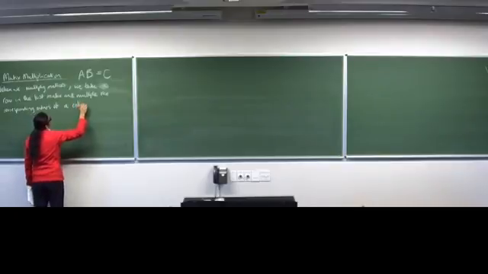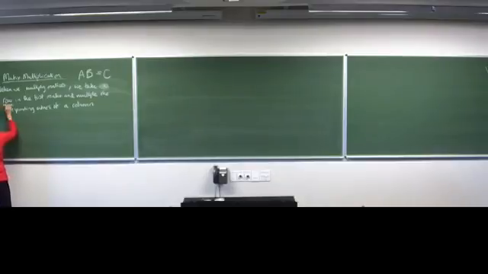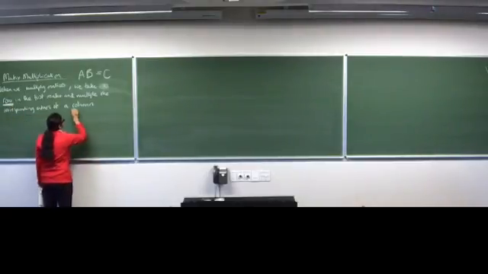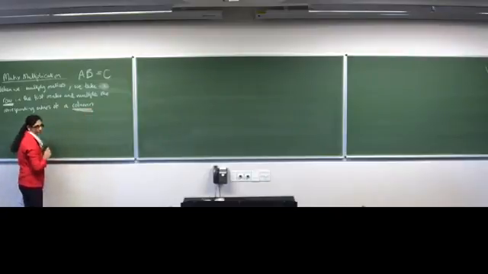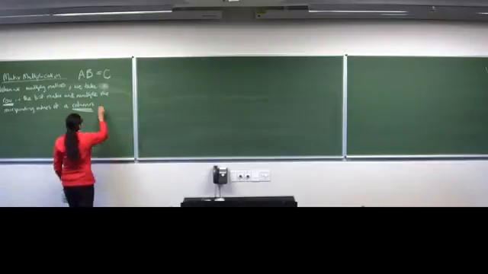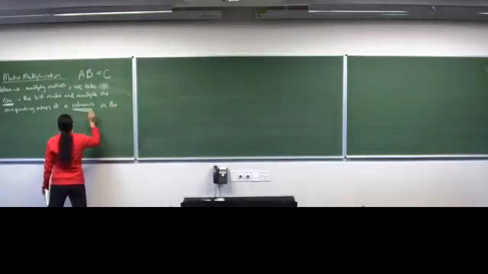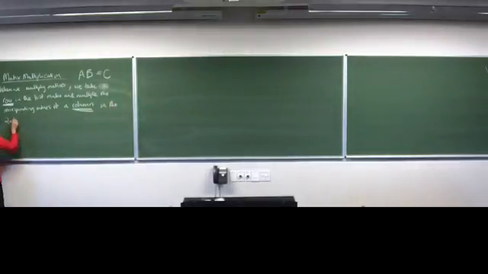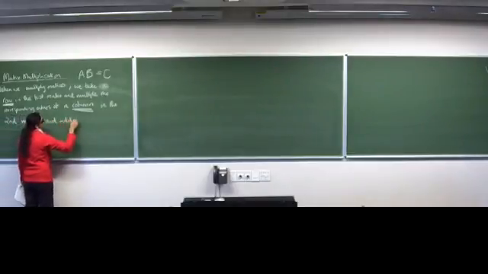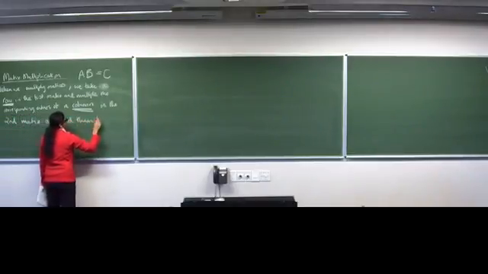Now, be careful. We're taking a row here and we're multiplying it with the corresponding entries in the column. So I'll illustrate it just now. And that's how we do matrix multiplication.